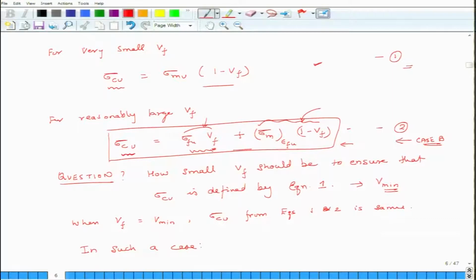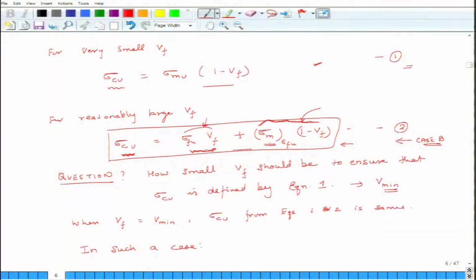Most of the strength of the composite will come from the term sigma m epsilon f, sigma m at the breaking strain of the fiber, times 1 minus Vf. So, the strength of the composite may actually be less than that of the matrix itself, because this is not the strength of the matrix.